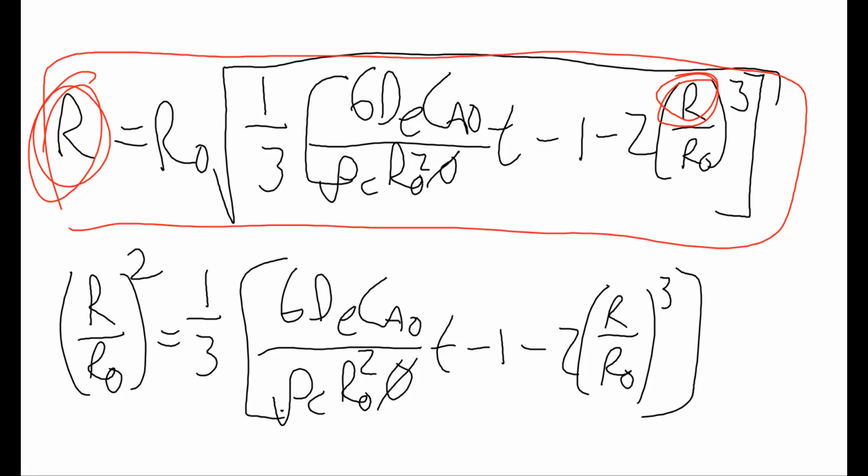Okay, let's make sure I put this in right. Not times square root. E CA0 row R not phi, good.